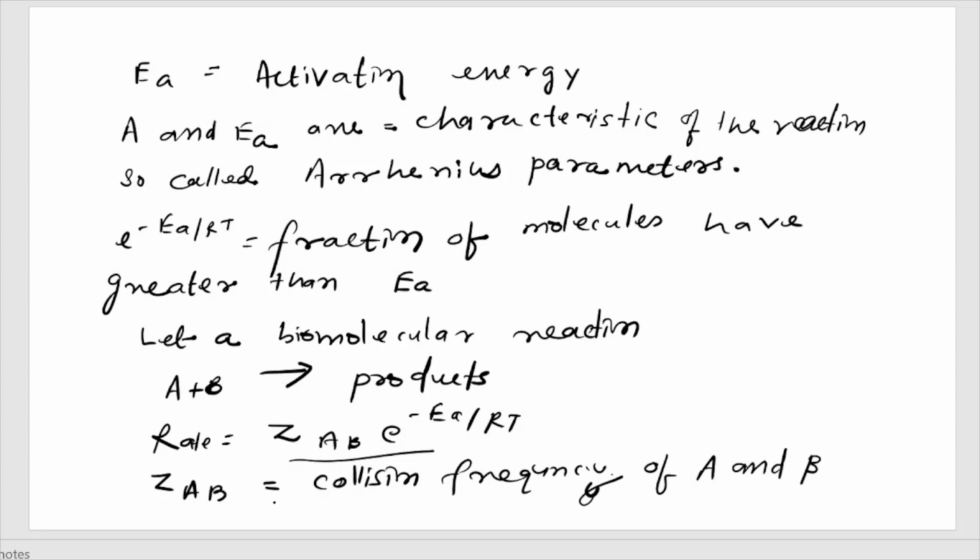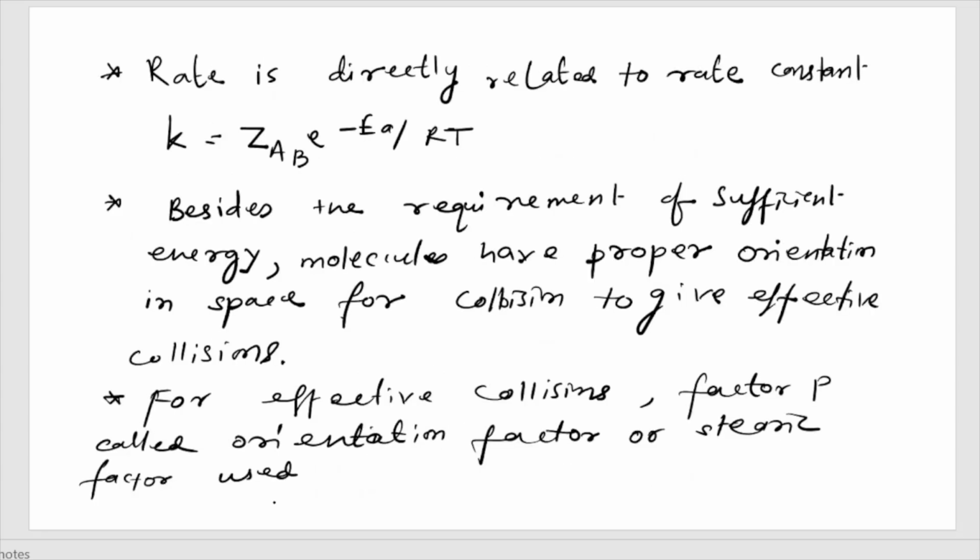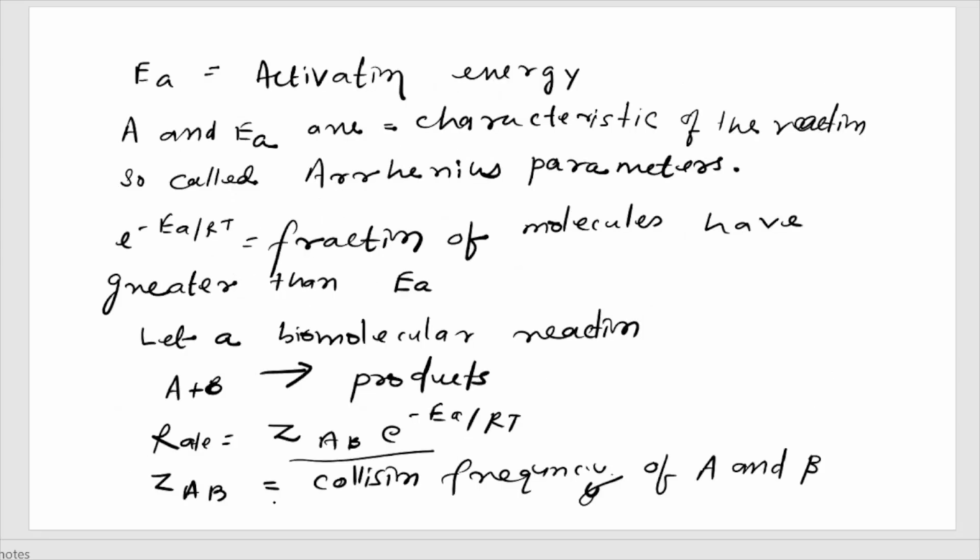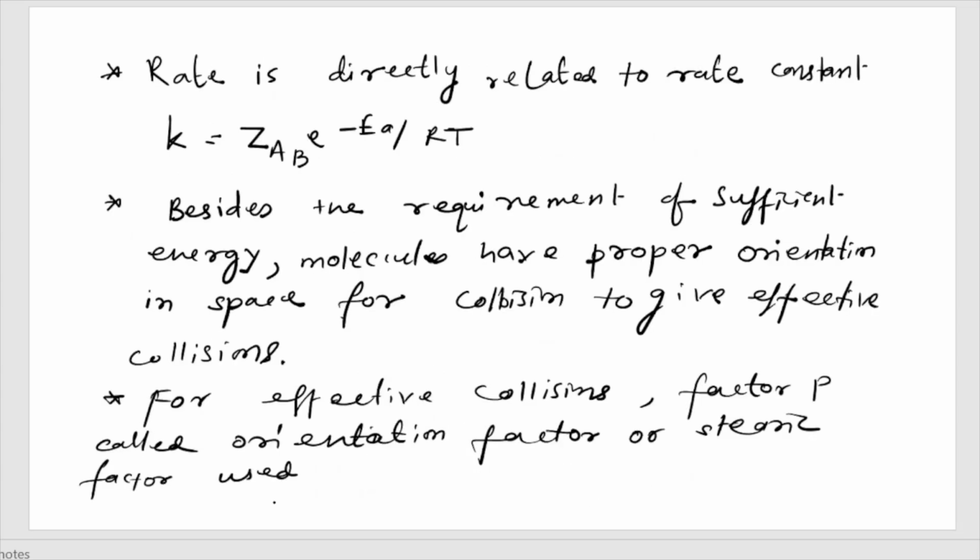Rate is directly proportional to the rate constant also, so k also equals Z_AB e to the power minus Ea by RT.